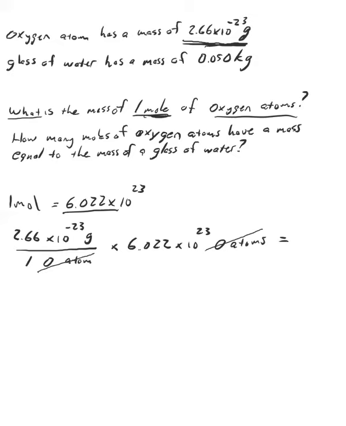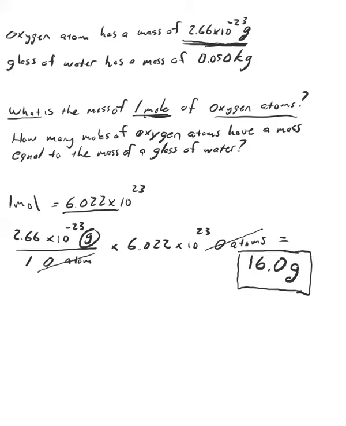But you can just use your calculator for this. 2.66 times 10 to the minus 23rd times 6.022 times 10 to the 23rd, and you get 16.0. And then there's our unit of mass, which is the gram. And there you go, 16 grams.